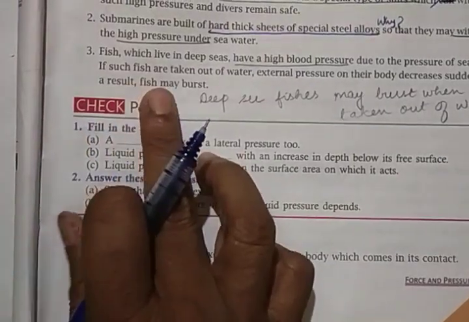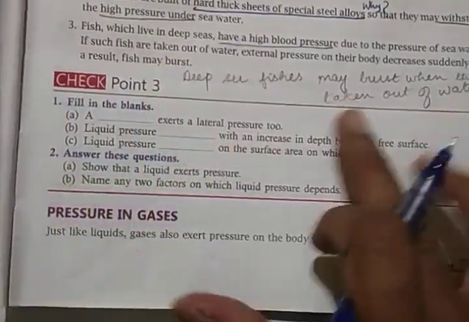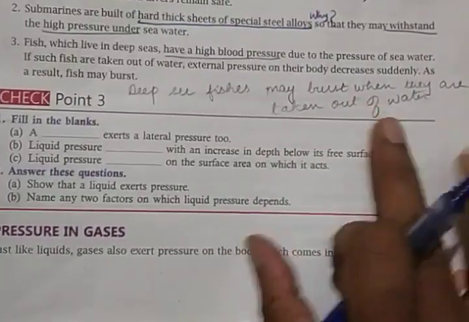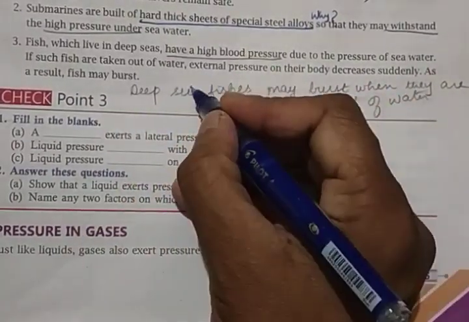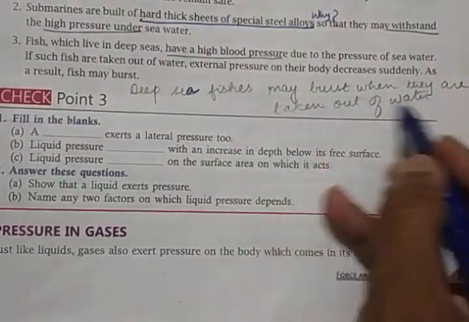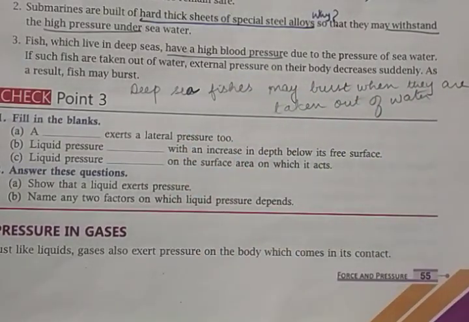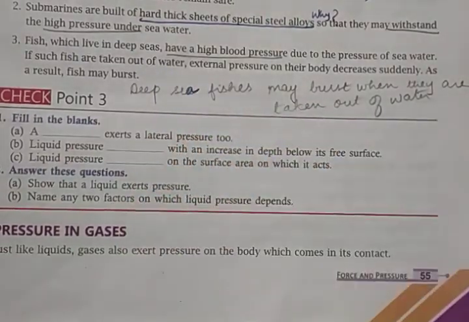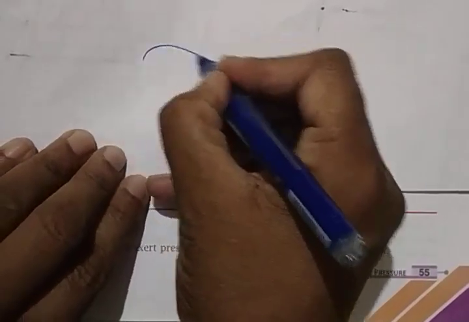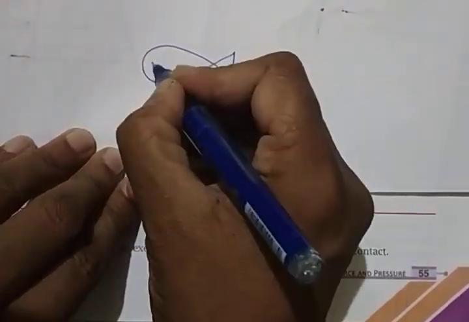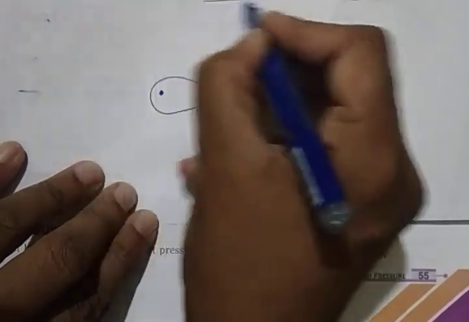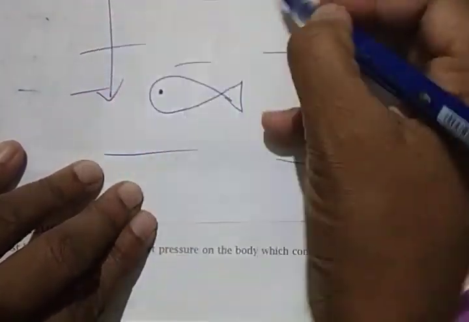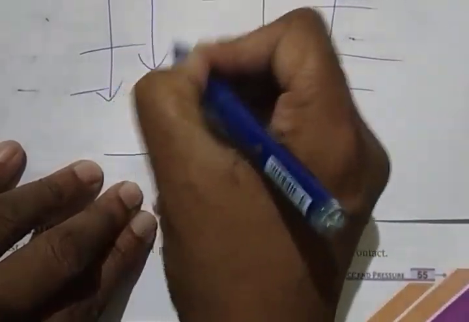Another possible reasoning question is: deep sea fishes may burst when they are taken out of water. If you take some deep sea fishes out of water, they will die. Why? Their bodies generally have a very high blood pressure. Because they live deep inside the water, the outside pressure acting on them is very high.